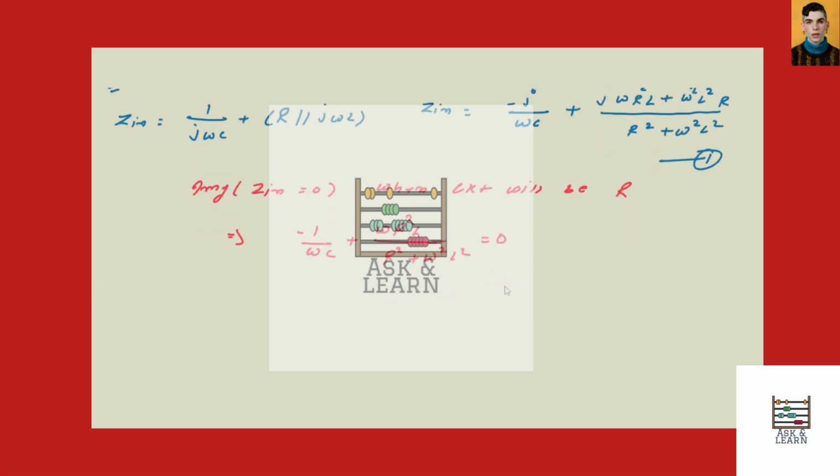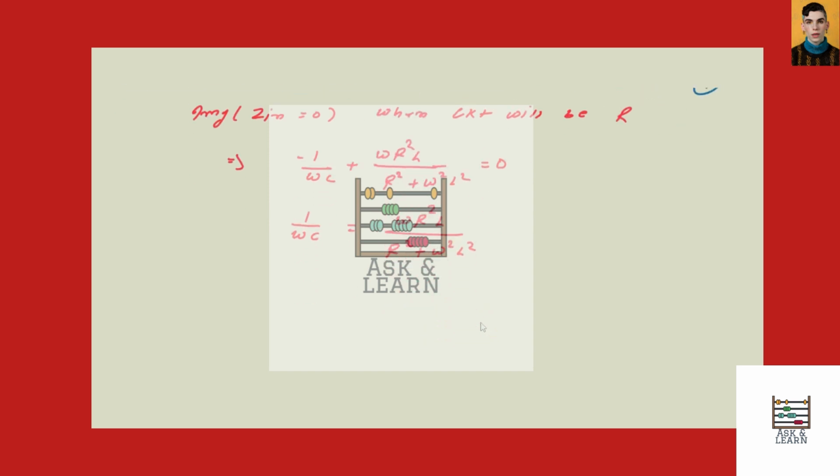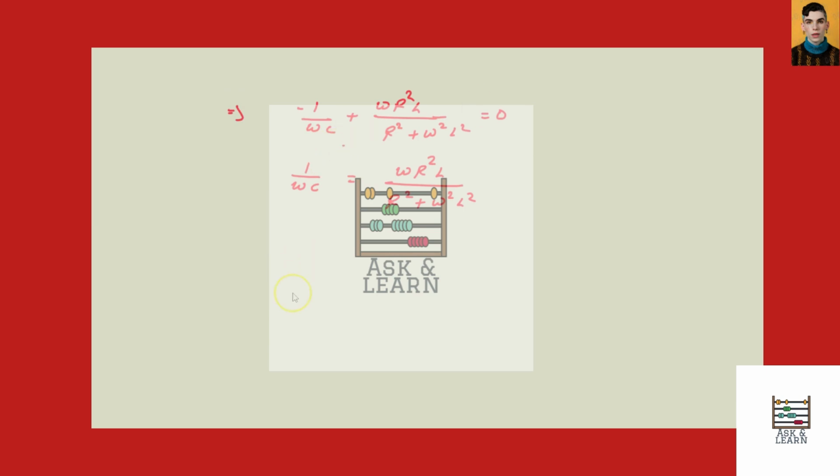Now, 1 upon omega C equals omega R square L upon R square plus omega square L square. If we solve this for the value of the capacitor, then C will be R square plus omega square L square upon omega square L R square.